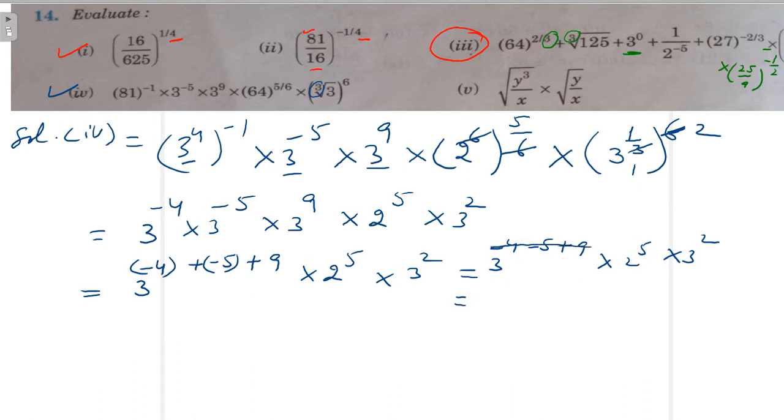So it will become 3 raised to power 0 is equal to 1, into 2 raised to power 5 into 3 raised to power 2. 2 raised to power 5 is 32, as we have done earlier, and 3 3s are 9, so our answer would be 288. 9 2s are 18, 9 3s are 27 plus 1, 288.